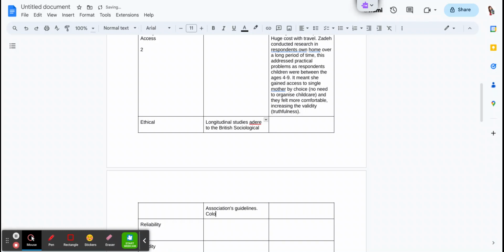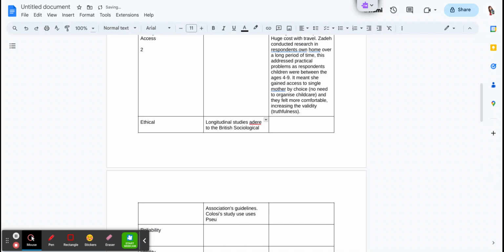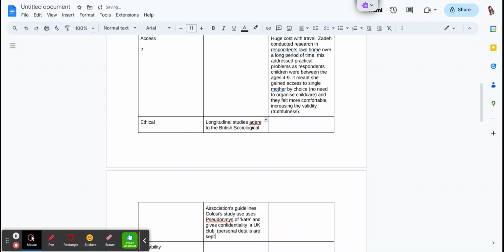For example, in Colossi's study, she uses pseudonyms. Let's get the right spelling, folks. Pseudonyms of Kate and gives confidentiality, so a UK club, so personal details are kept private.